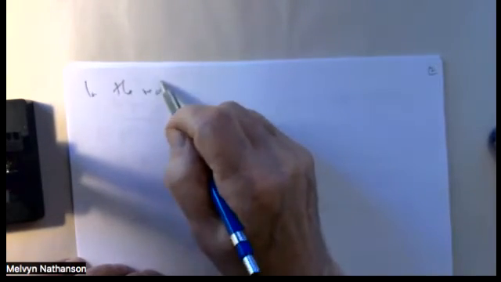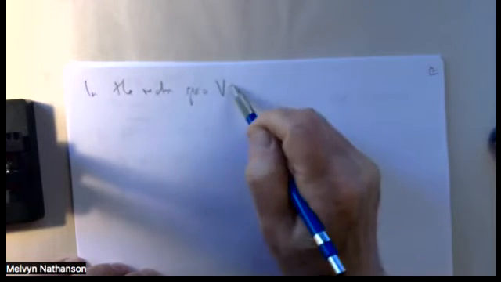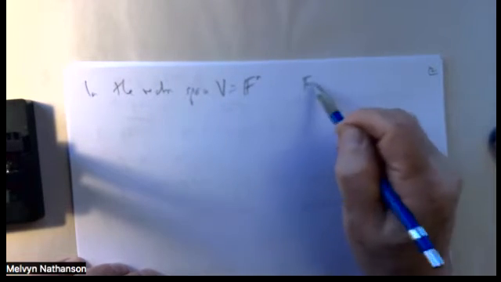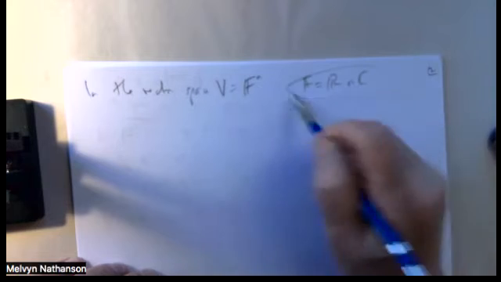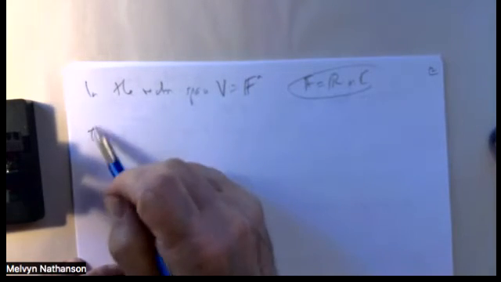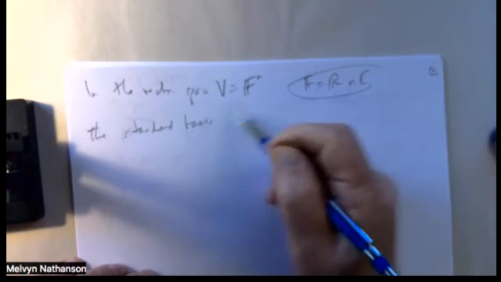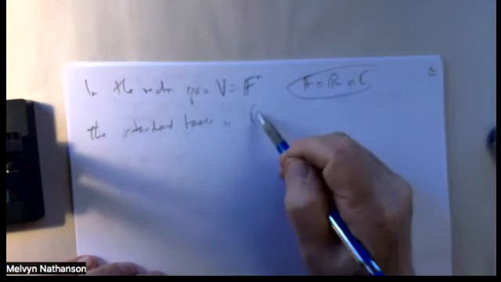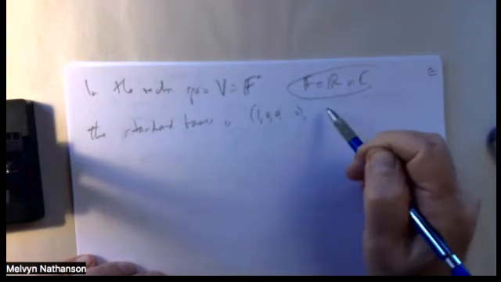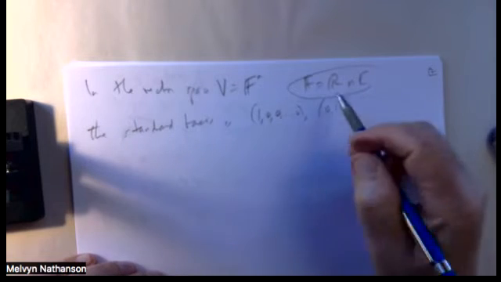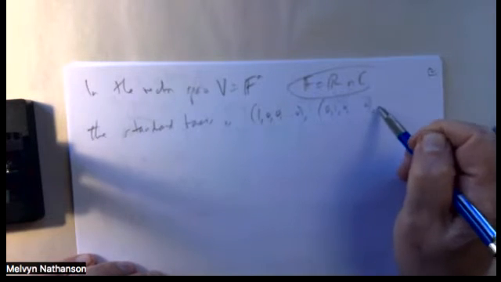So the fundamental example of a basis is in the vector space V equal to Fn. F is the field, so F is equal to the reals or the complex numbers. The standard basis is the list of vectors with one coordinate equal to 1 and all the other coordinates equal to 0.